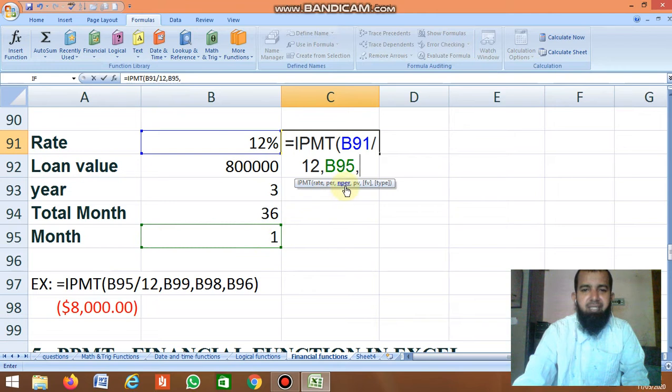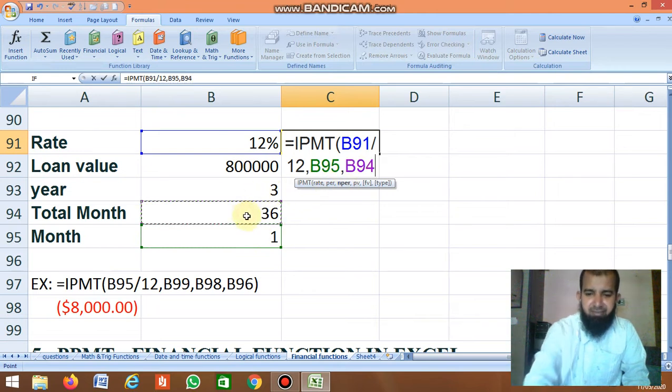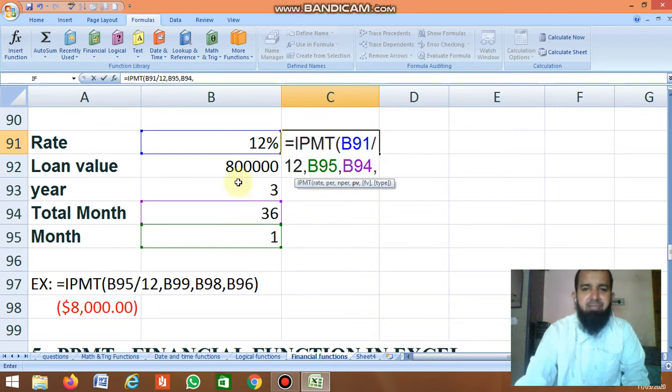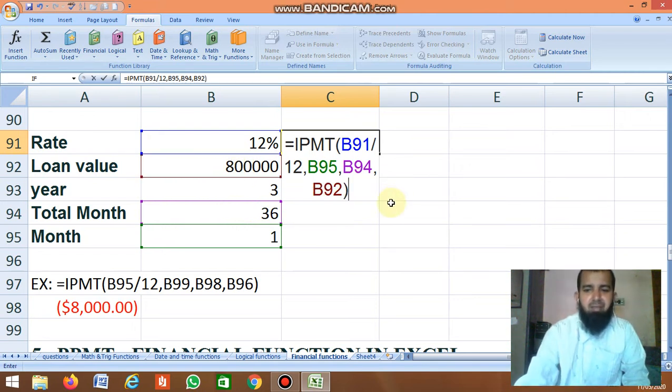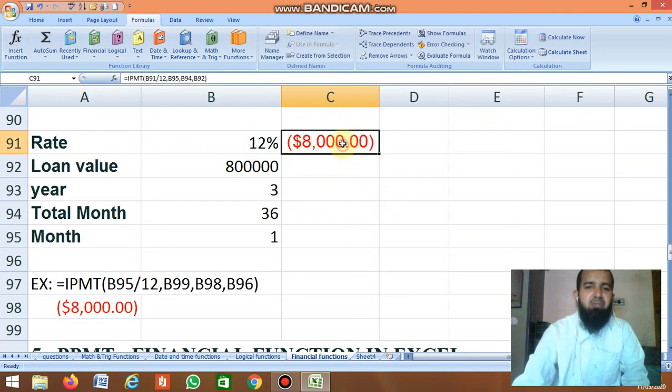Next, NPER, total number of months is 36. Next, present value is 8 lakh. Then bracket close, enter. So 8,000 is the interest. First month interest. If you want to know the second month, write 2 here. Like this. So 8,000 interest of the first month.